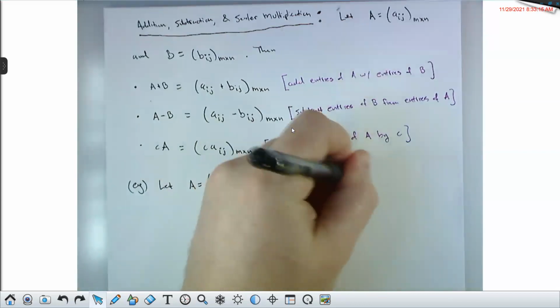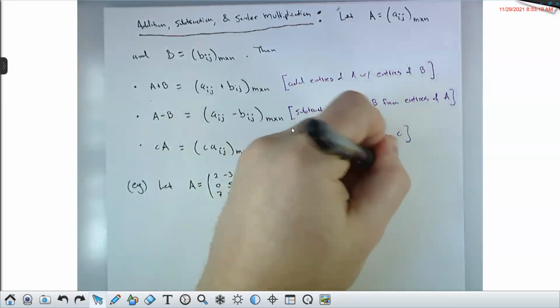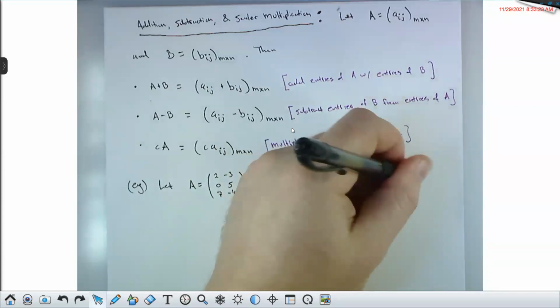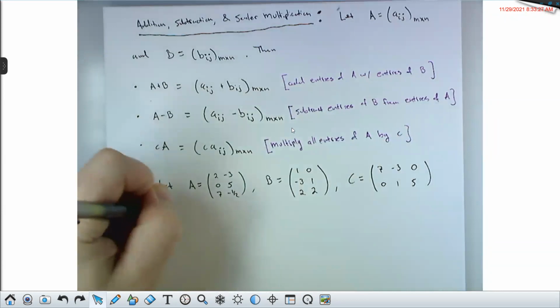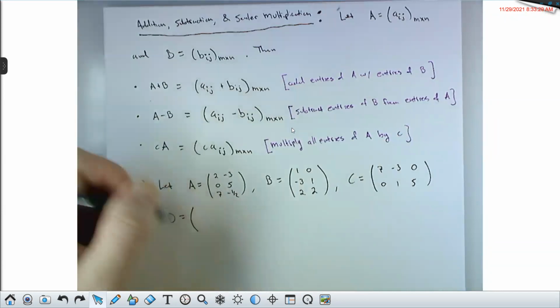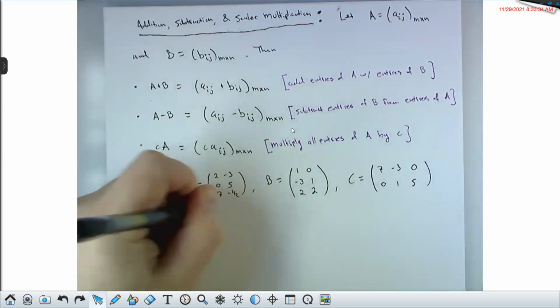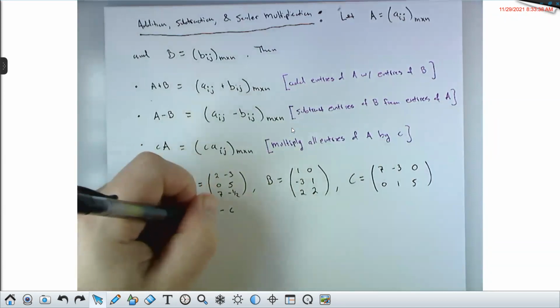They both have 3 rows and 2 columns. Let's make the matrix C something else: 7, -3, 0; 0, 1, 5. And the matrix D will also be a 2 by 3, with rows 6, 0, -6; 8, 1, 9.